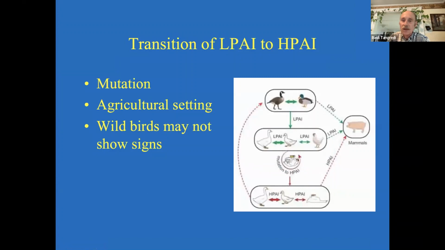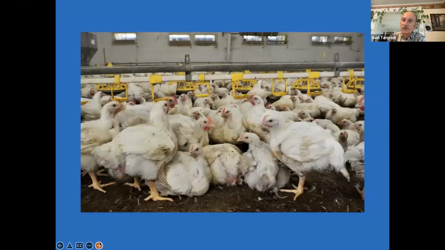But this is a mutation that occurs in the agricultural setting. And the reason is those factory farms, where you have overcrowding, poor hygiene, and certainly poor animal welfare. We should really do away with factory farms, but they are a hotbed of disease.